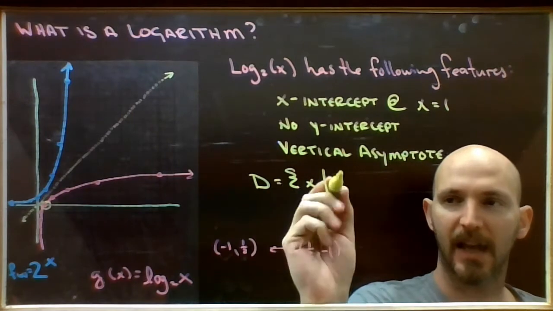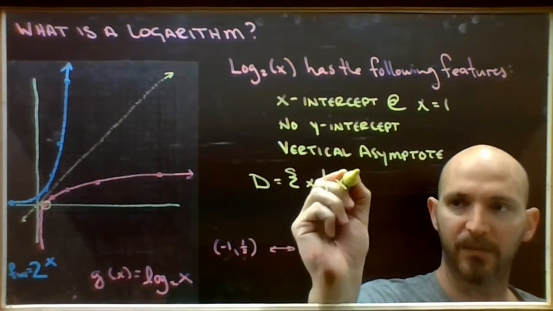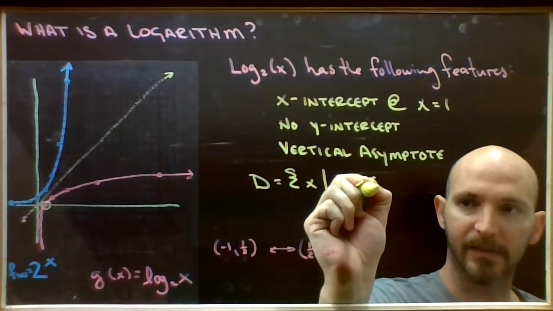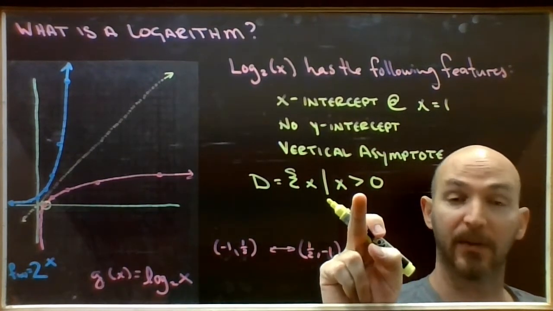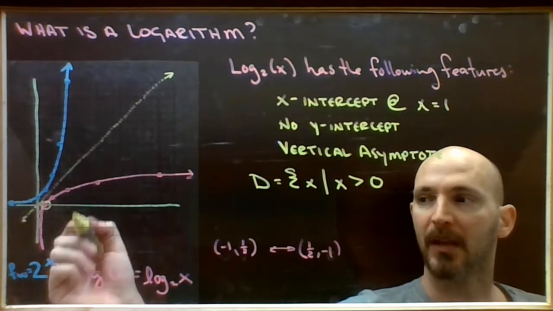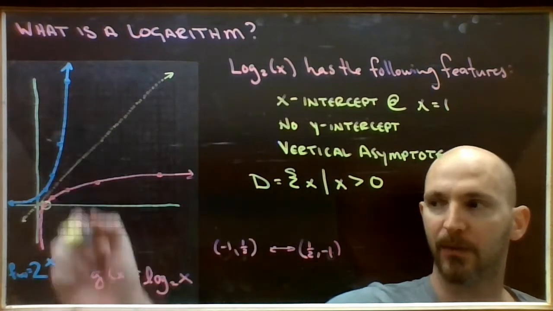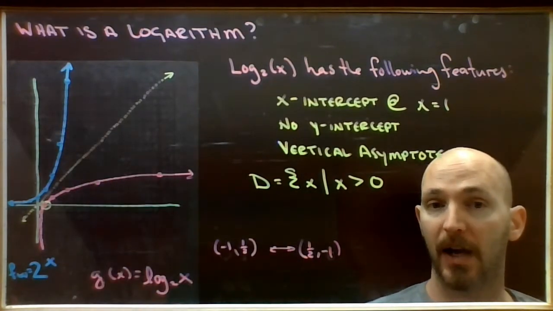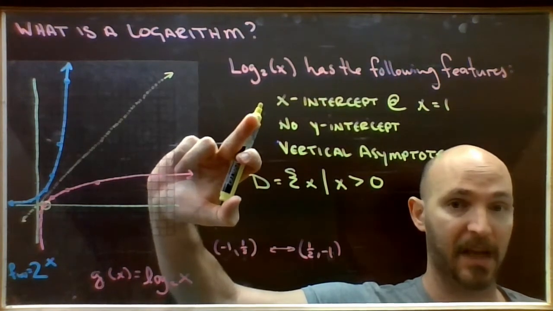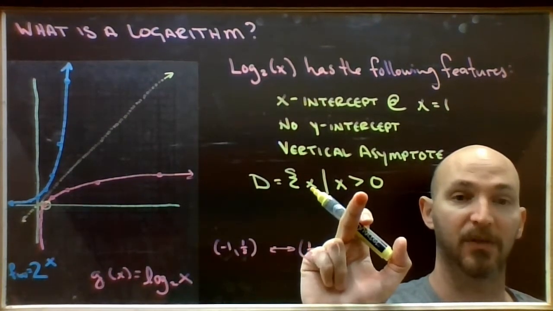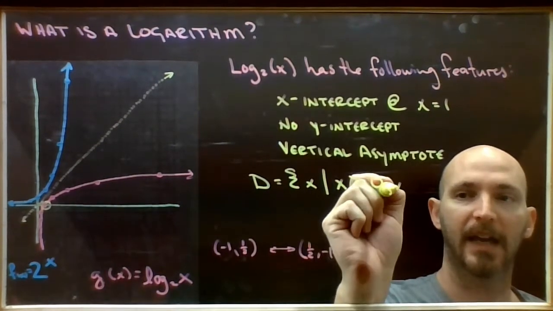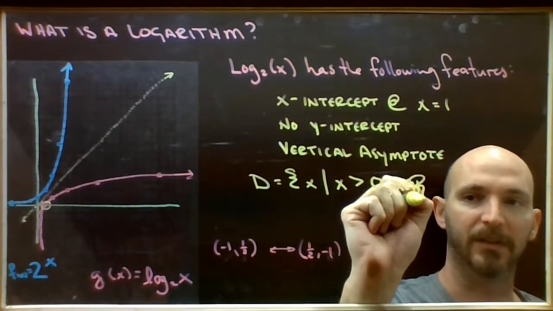So these x's all have to be greater than 0. Now there's a question about whether it's greater than or equal to that. In order to be equal to it, it would actually have to cross the y-axis, and we just said that it doesn't have a y-intercept. So I'm going to leave it at this. The x's must be greater than 0, and they should all be real numbers.